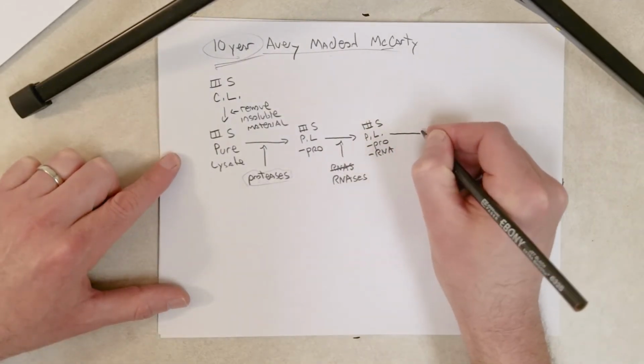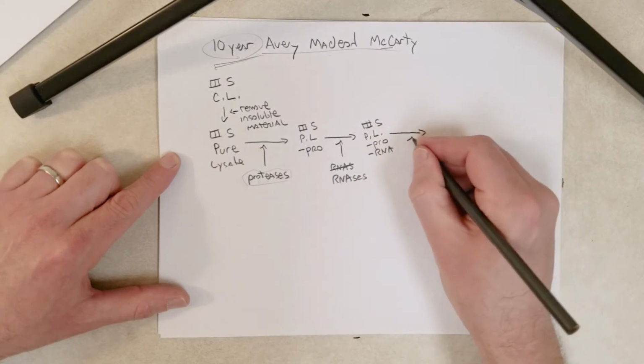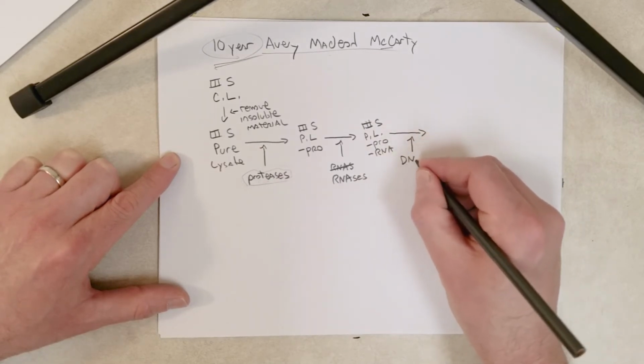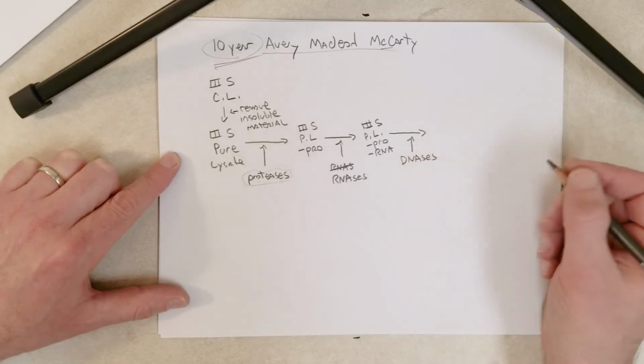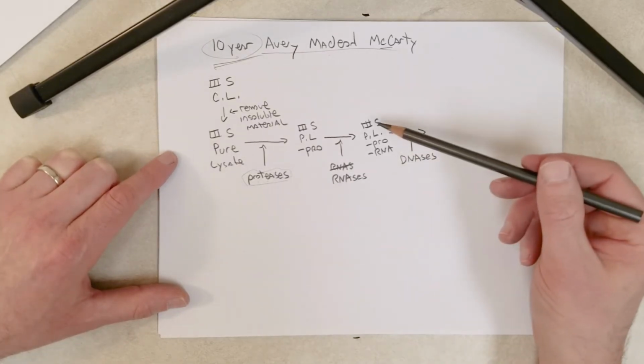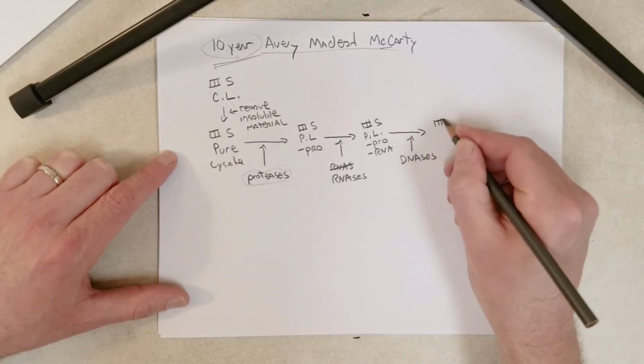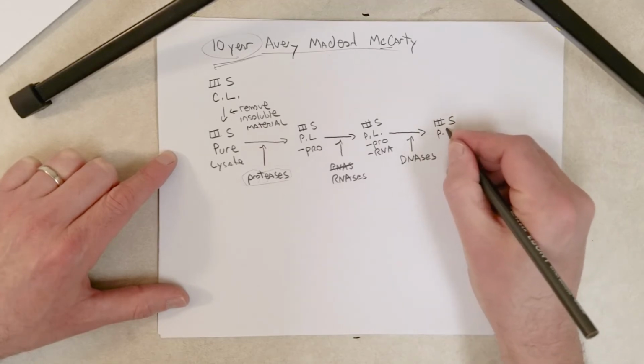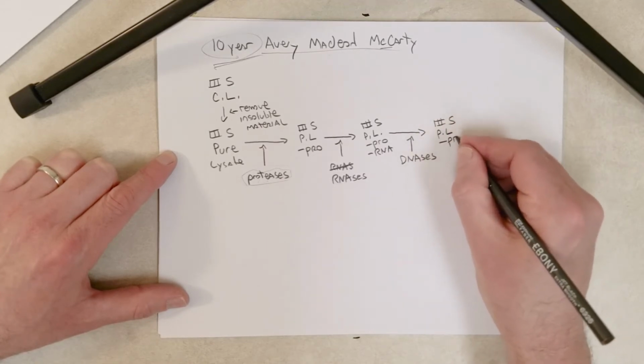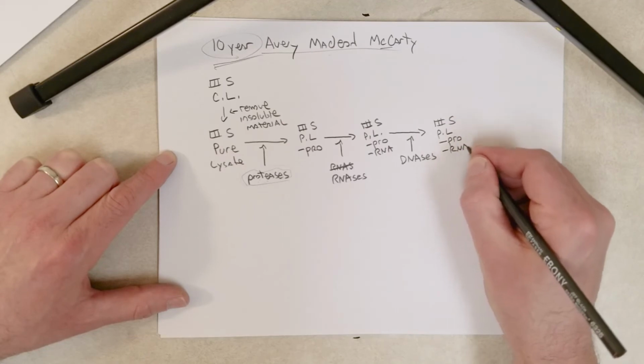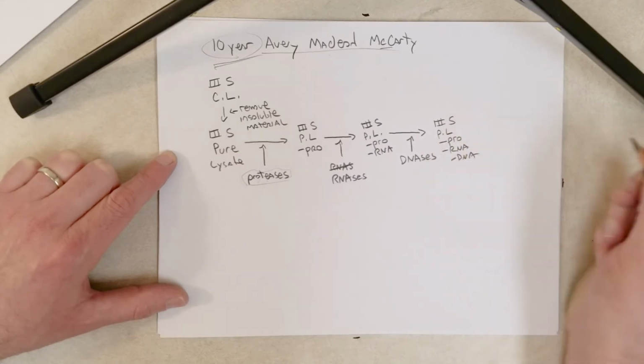Then they took that, and you can probably guess what they did next. They treated that with DNases. So that gives them 3S purified lysate minus protein minus RNA minus DNA.